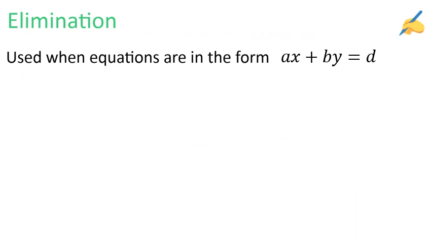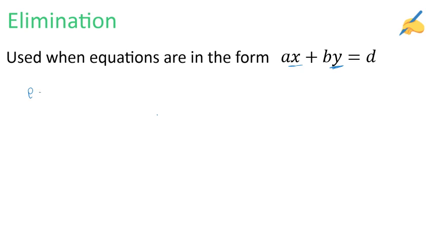You'll remember that we used substitution when an equation was in the form y equals. Well, elimination we use when equations are in this form here, which looks a bit confusing, but it just means when there's some x's and y's that equal a number.